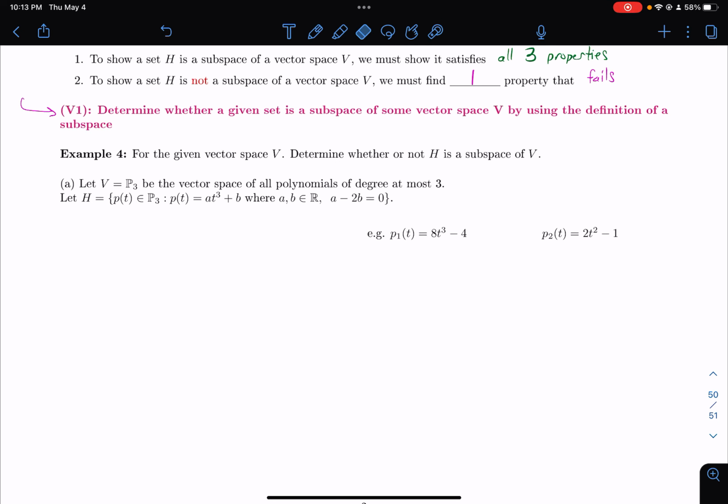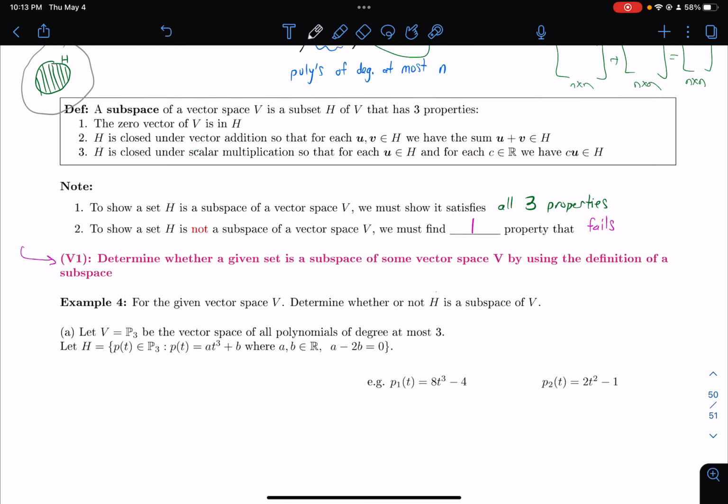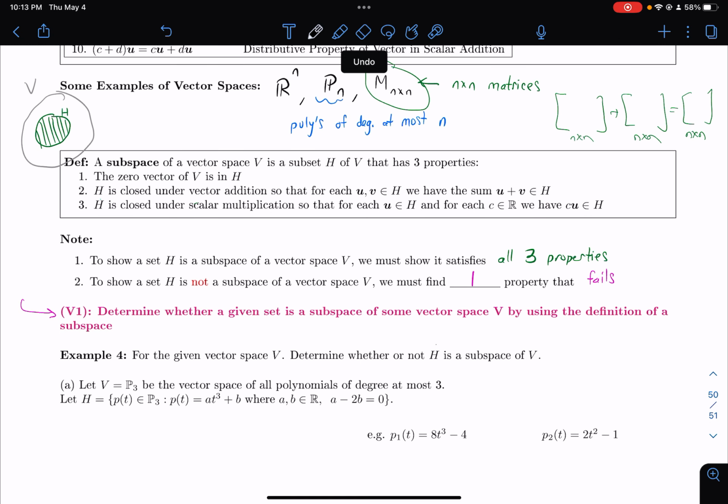So the example says, for the given vector space, determine whether or not H is indeed a subspace of V. So part A says V is P3. So we're using this notation that we saw up above. This is the vector space of all polynomials of degree at most 3.